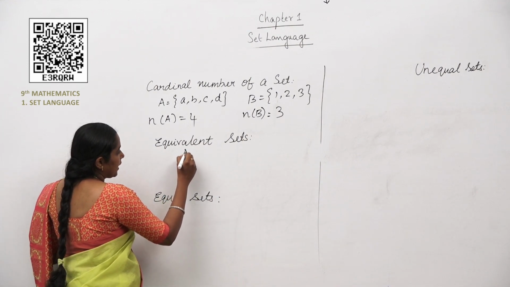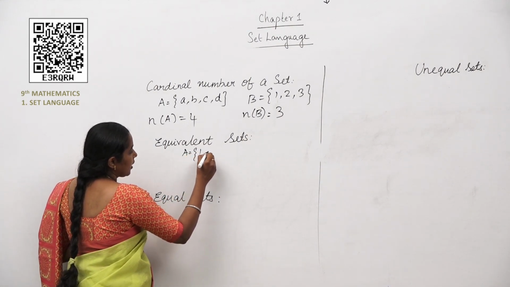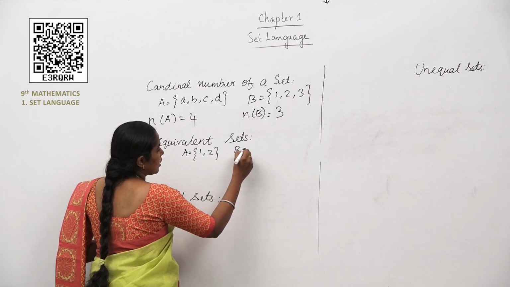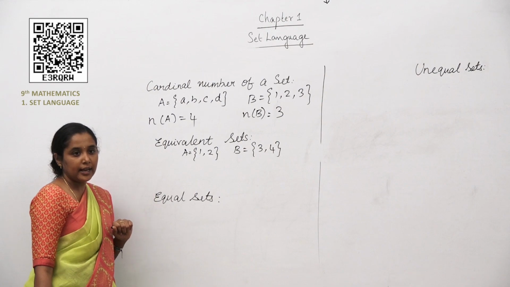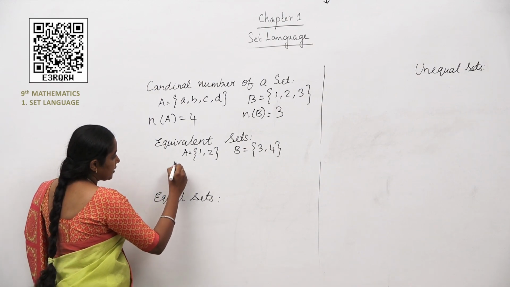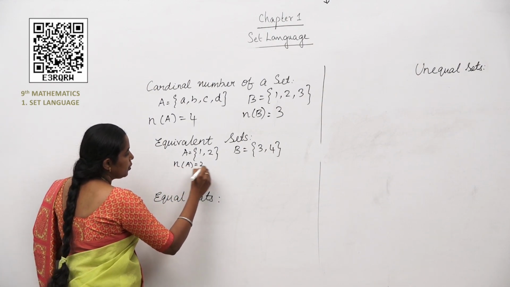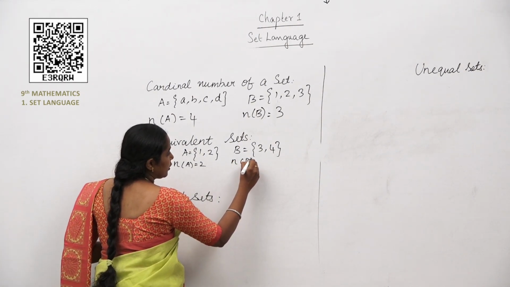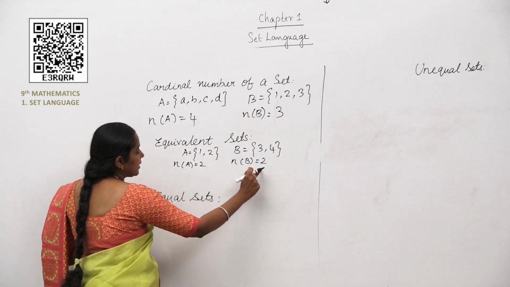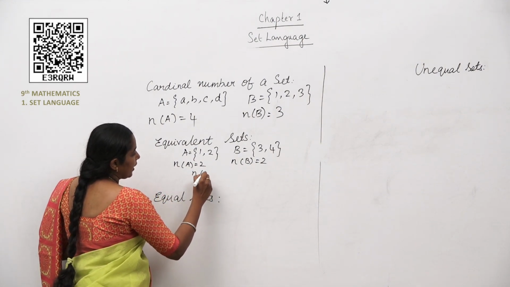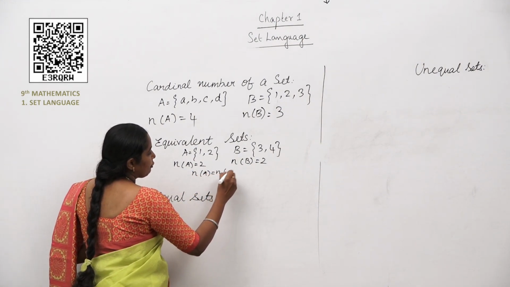Suppose for example A is equal to {1, 2}, B is equal to {3, 4}. How many elements are there in set A? n(A) is equal to 2 and n(B) is also 2 elements. So n(A) is equal to n(B).